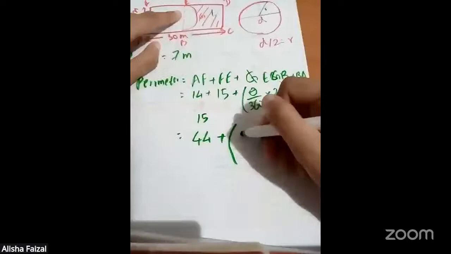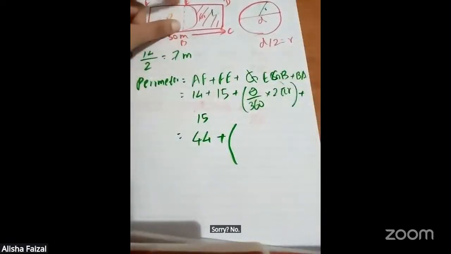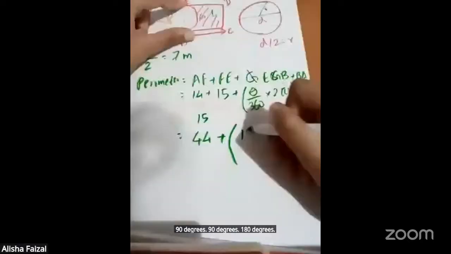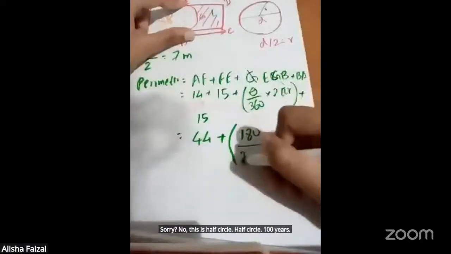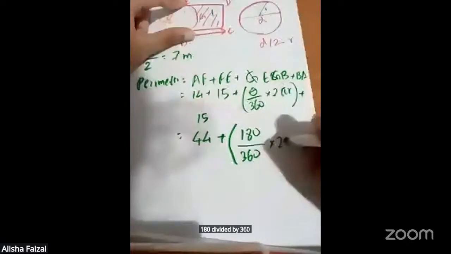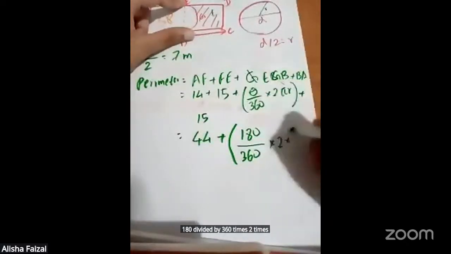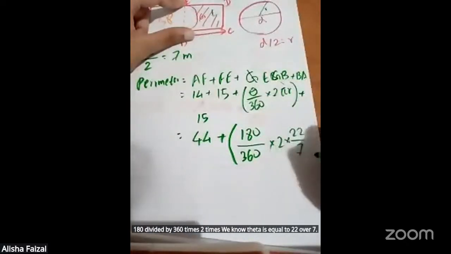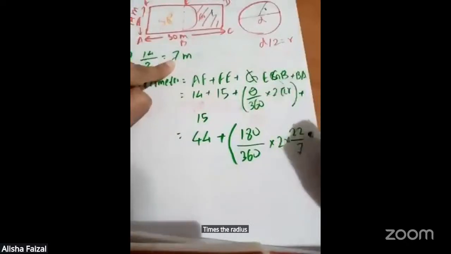No, this is a half circle. 180 degrees. Yes, 180 divided by 360 times 2 times 22/7 times the radius we found here, 7.